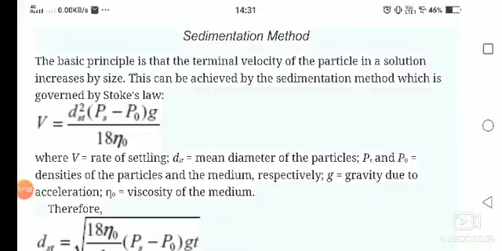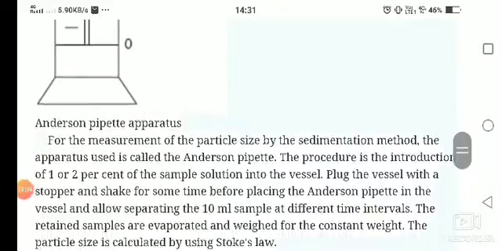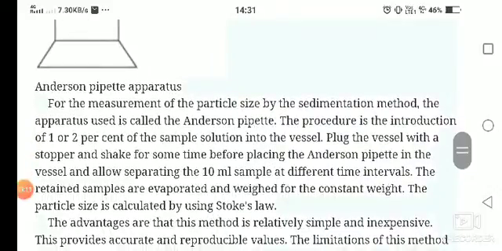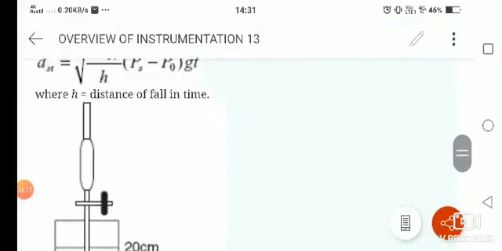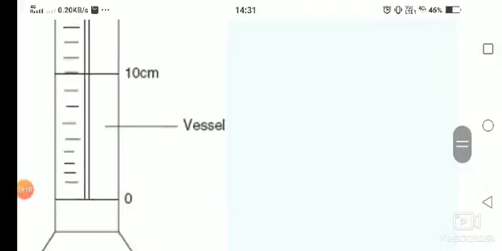Sedimentation method. The basic principle is that the terminal velocity of the particle in a solution increases with size. This can be achieved with the sedimentation method, which is governed by Stokes law. For measurement of particle size by the sedimentation method, the apparatus used is called the Andreasen pipette, which can be shown here in this diagram.